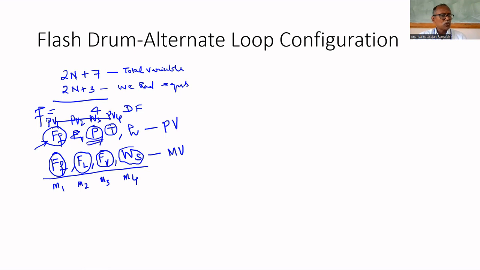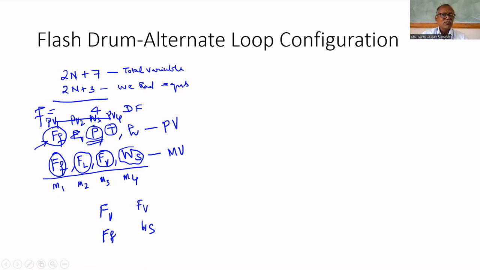Similarly, for pressure also, by adjusting FF, we can adjust pressure. Similarly, for temperature, we can adjust FF as well as steam flow rate. So, any one of these manipulated variables can be used to control any one of these 4 variables.